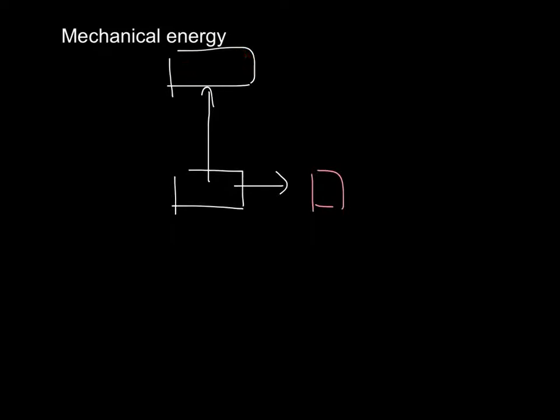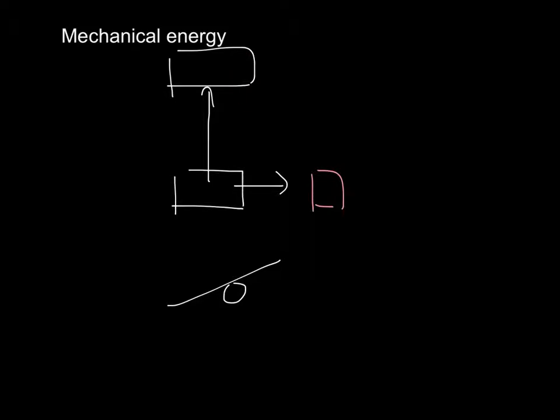Because if I now let it go, boom. Then, for example, I could put a little lever here, and it would hit the lever and move whatever was in here. Therefore, the fact that it's high up means that it has some energy that I can release when I let it go. We call this energy potential.